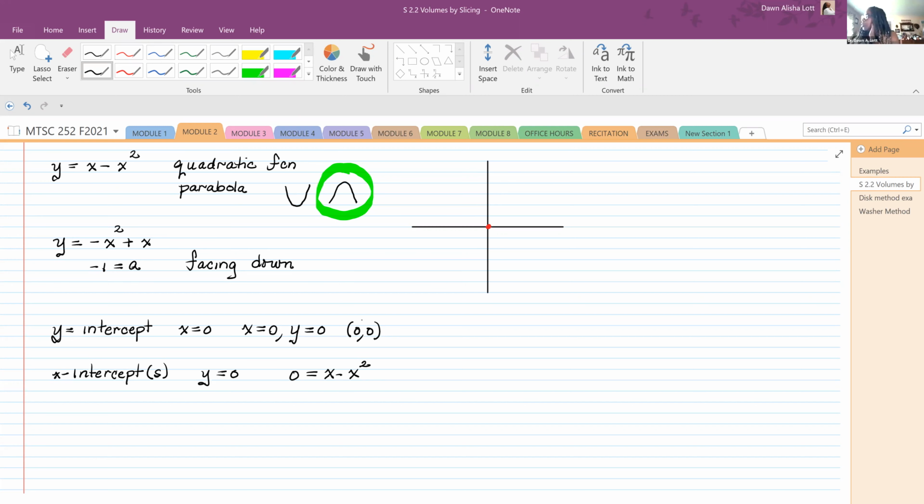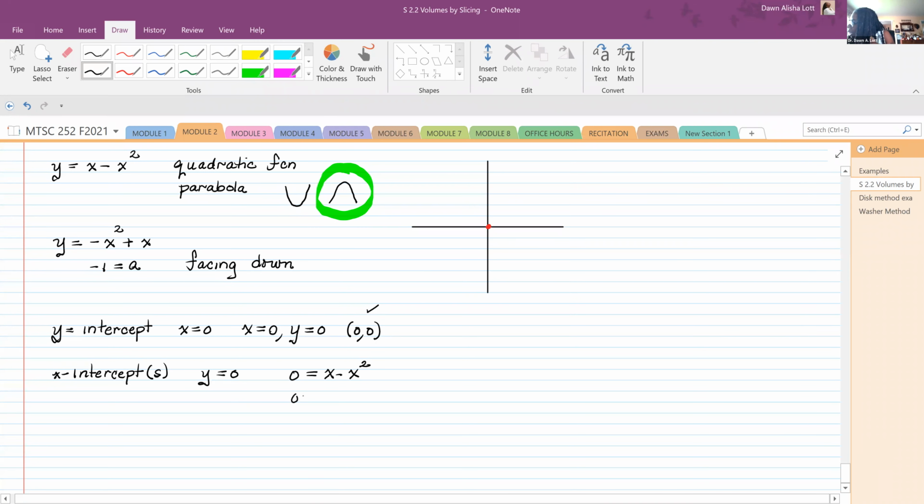Okay, 0 is one of them, but there's one more. Is it 1? It is. Who said it was 1? Lawrence. How did you find 1? I just did 1 squared, and then 1 minus 1 is 0. So you kind of guessed a little bit. Yes. Okay, so you did trial and error. That's good. Trial and error works.